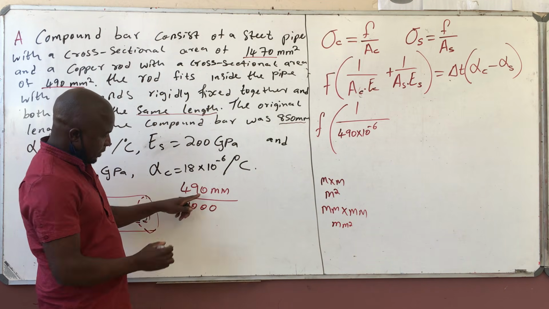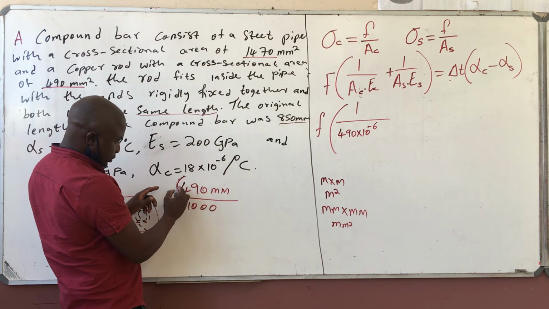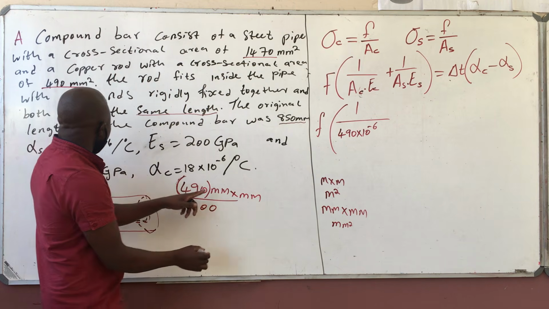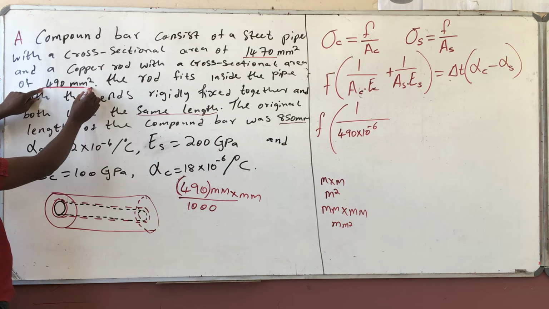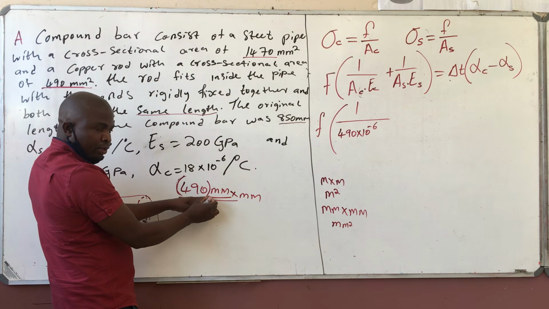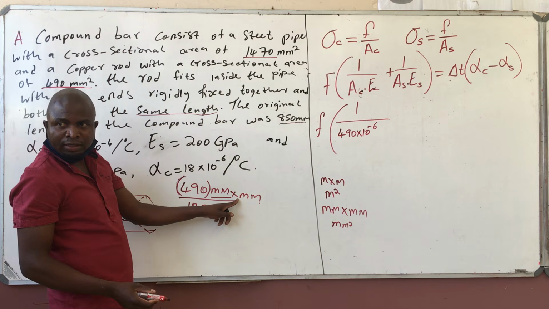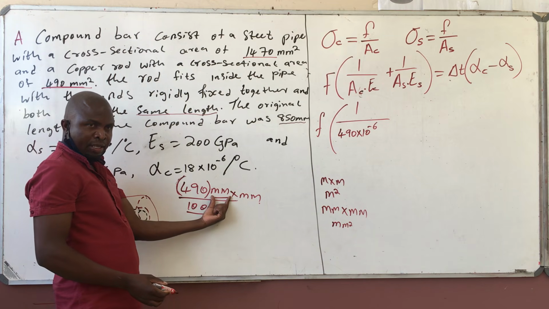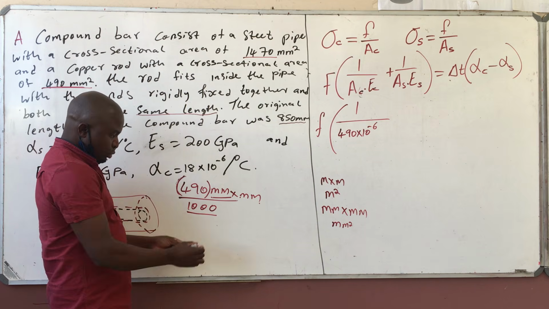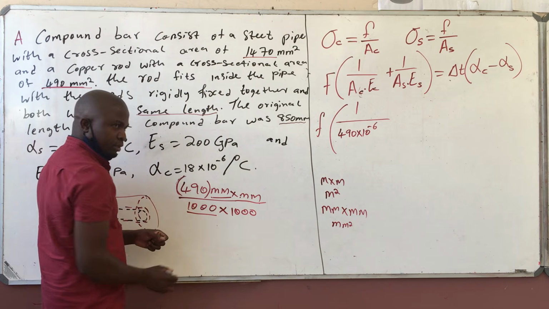So meaning here, let me put this one in brackets. We are having millimeters times millimeters to give us millimeter square, right? So now you have divided by the first millimeters, but you do not convert the other millimeters. You can only convert one millimeter. So even the other millimeters you need to convert by 1,000.